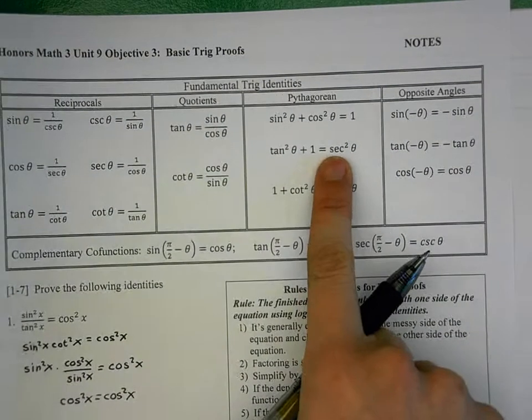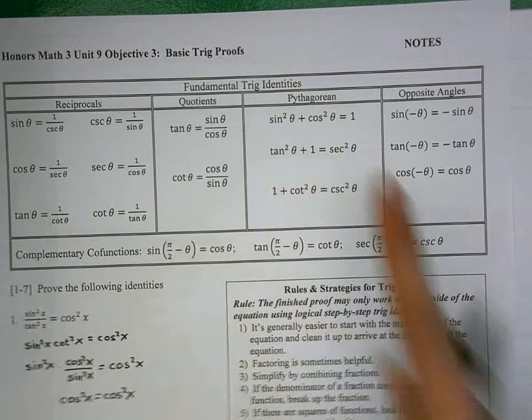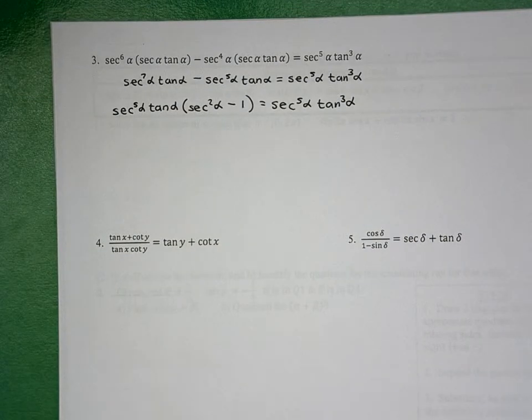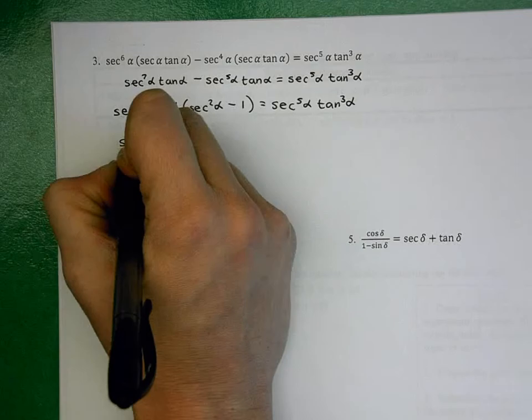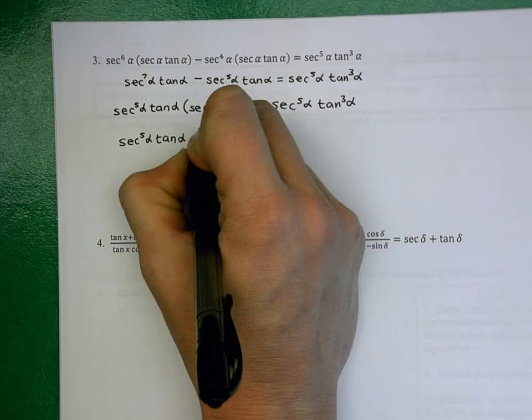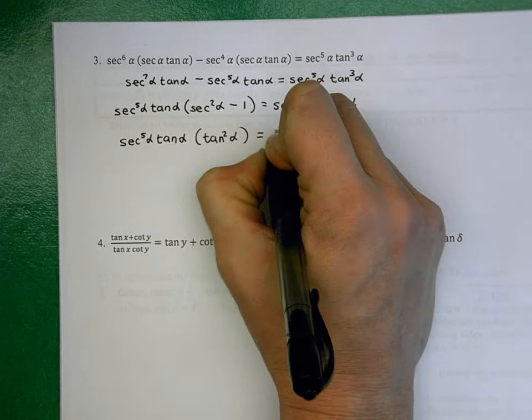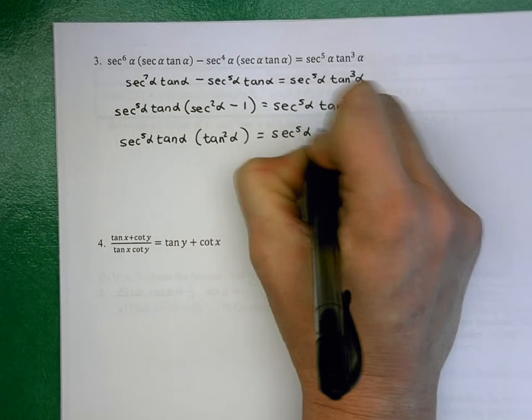Okay, well, that secant squared alpha minus 1 is a Pythagorean identity. Secant squared alpha minus 1 would be tangent squared. And so maybe I plug in tangent squared. And I go, does that help me do anything to get my left to match my right?